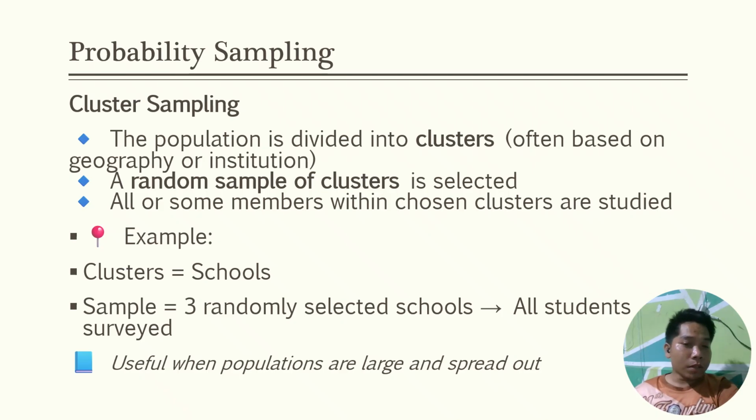The population is divided into clusters. It's up to you how you are going to define the cluster in that certain population. But when you group them in clusters and you make all the population under that cluster your participants, then you're now using cluster sampling. So a random sample of clusters is selected, and all or some members within chosen clusters are studied.